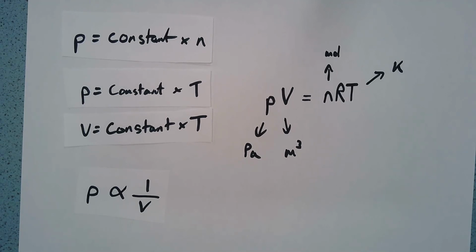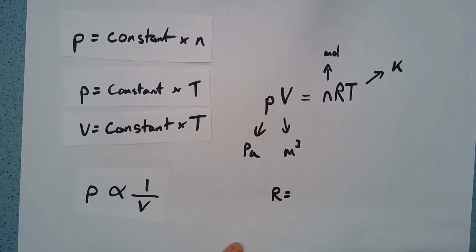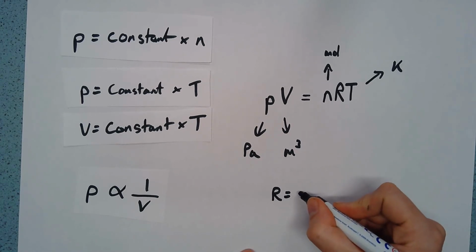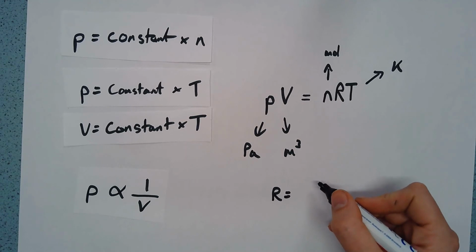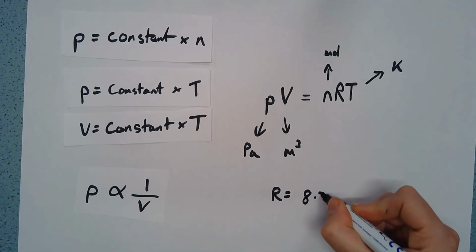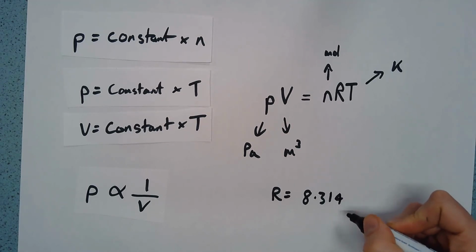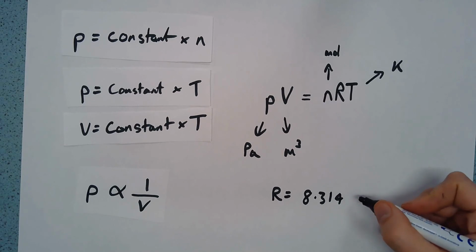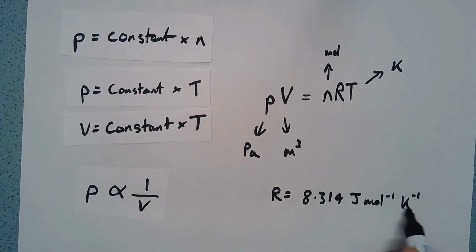So our gas constant R is given under those circumstances. It's actually on your data sheet as well as 8.314 joules mole to the minus 1, Kelvin to the minus 1. Depending where you see it, sometimes these are the other way around.